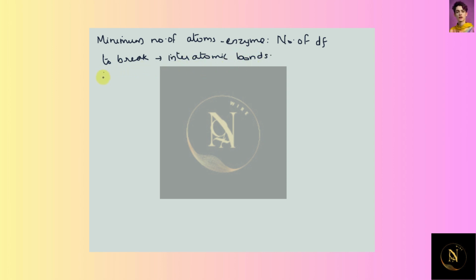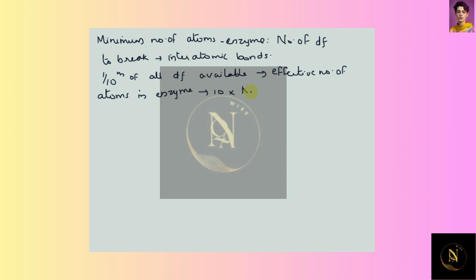Assuming that only 1/10 of all degrees of freedom of the atoms in the enzyme are available for cooperative functioning, this means that the effective number of atoms in the enzyme is 10 times the number of atoms that can contribute to breaking the bonds.